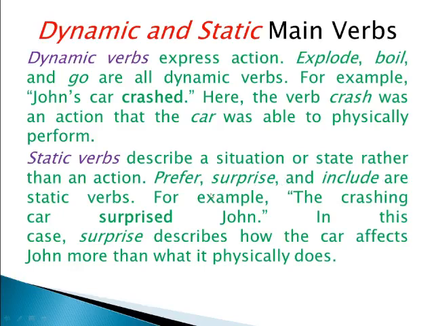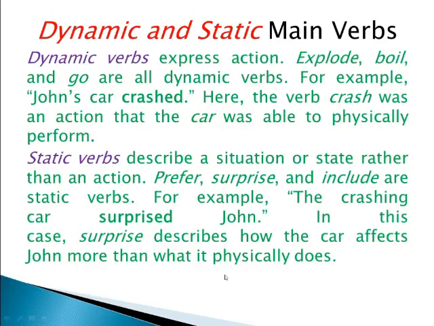As I told you earlier, the dream we cannot see. Prefer, surprise and include are static verbs. For example, the crashing car surprised John. In this case, surprise describes how the car affects John more than what it physically does.